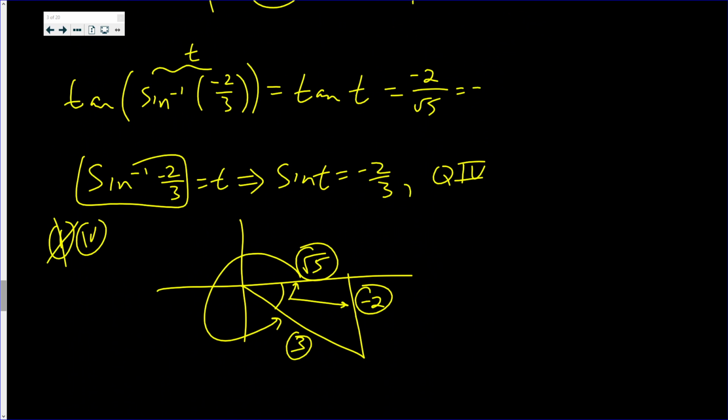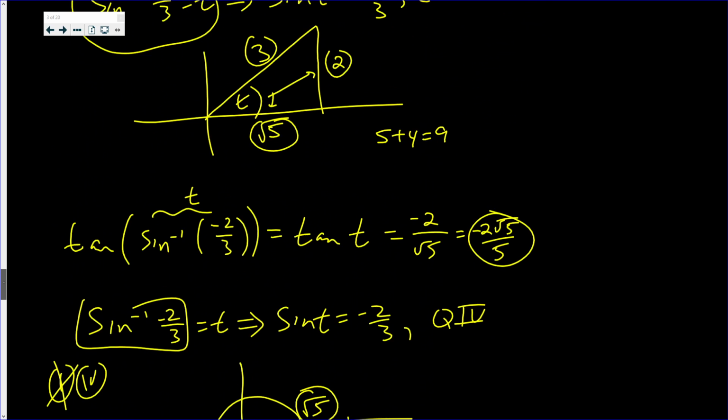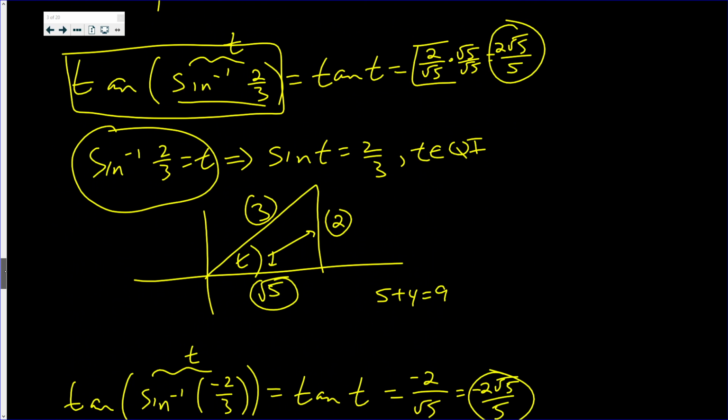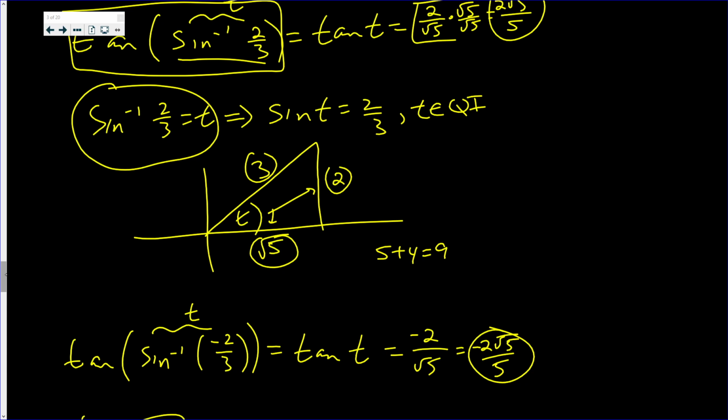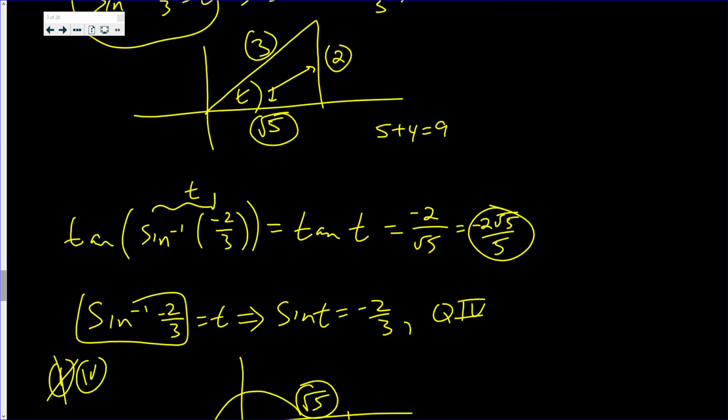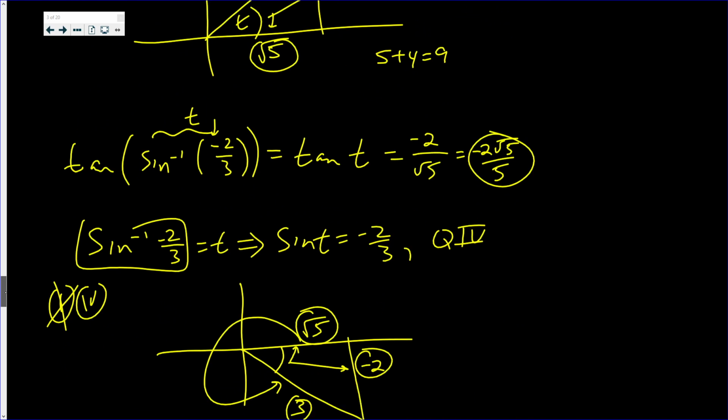So we should get negative 2 square root of 5 over 5. Oh, okay. Actually, it was different. The last one was positive 2/3. This number is negative 2/3.